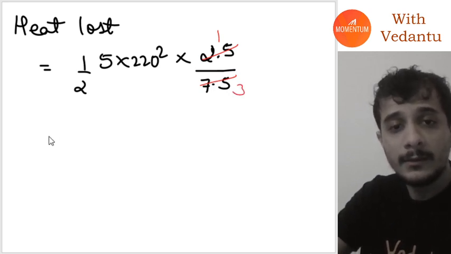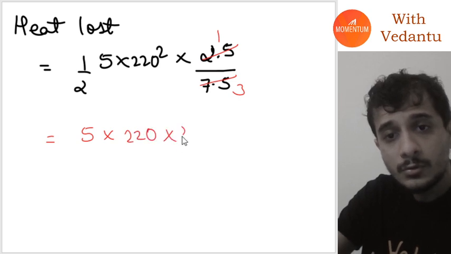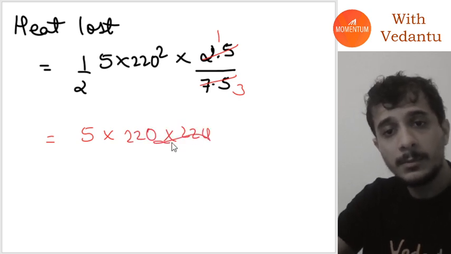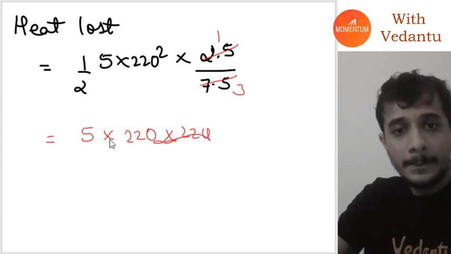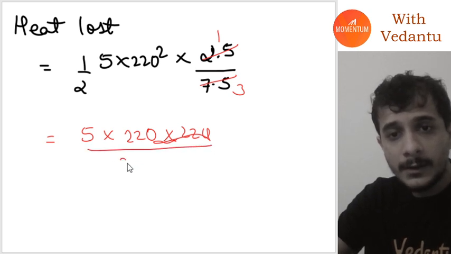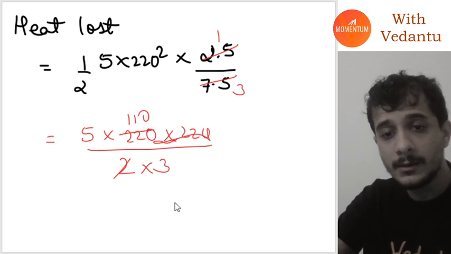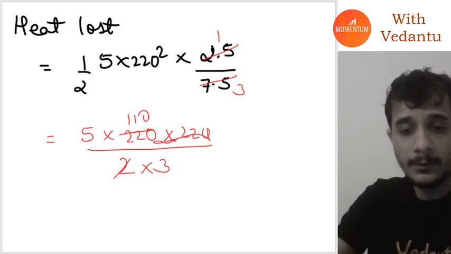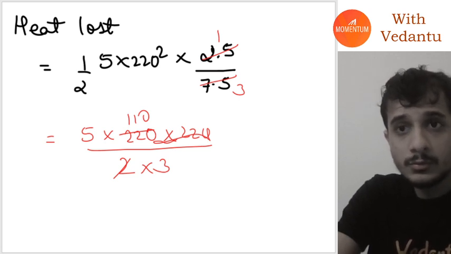So this is nothing but 5 into 220 into 220 divided by 2 into 3. This will just become 110 here, and if you calculate this, this will be 5 into 110 into 220.